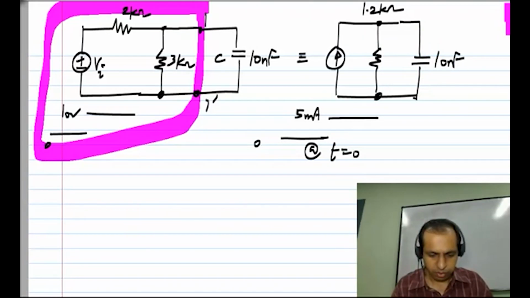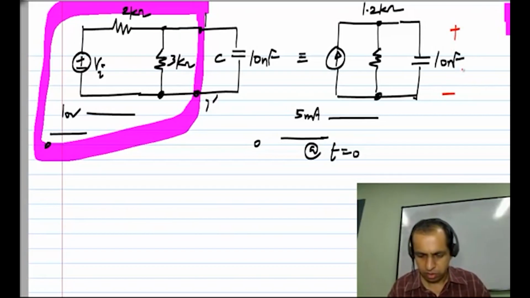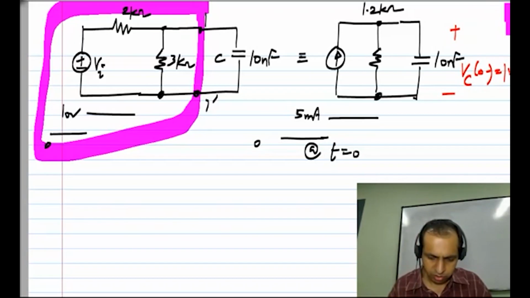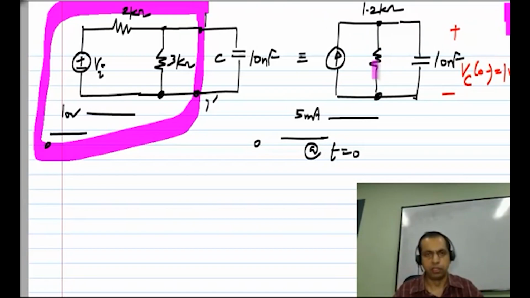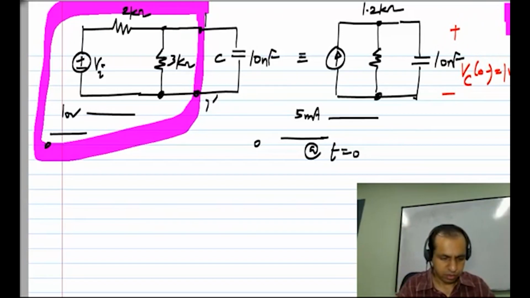Now what happens is that, again, let's assume that Vc of 0 minus is 1 volt, and we don't have infinite currents flowing through the capacitor, so Vc of 0 plus will also be 1 volt. So I'll show this as a sketch.